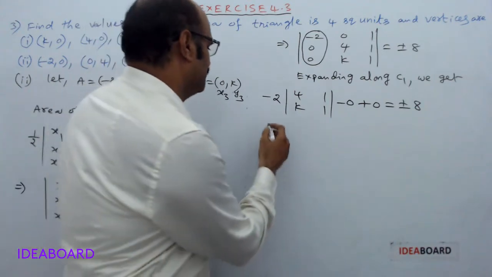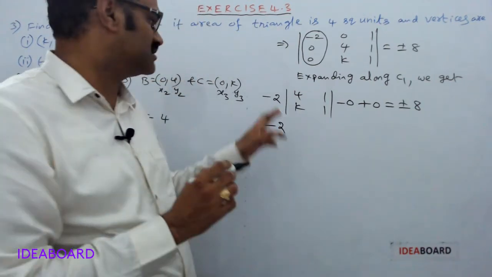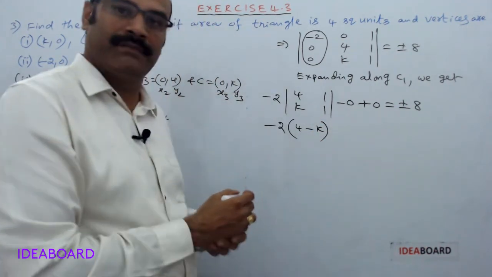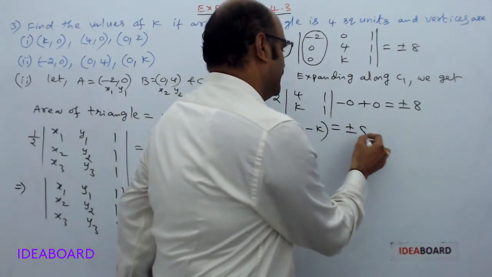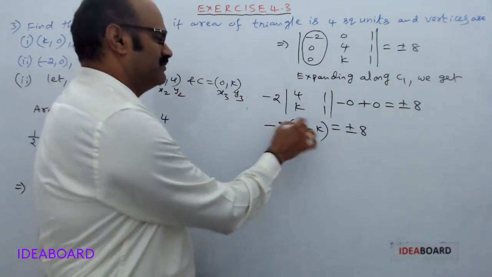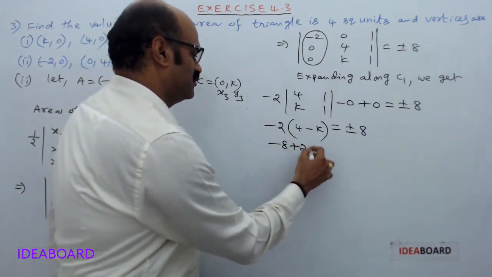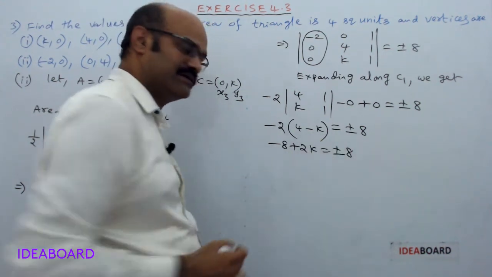After simplification we get minus 2 into (4 minus k) equal to plus or minus 8. Multiplying by minus 2, it becomes minus 8 plus 2k equal to plus or minus 8.